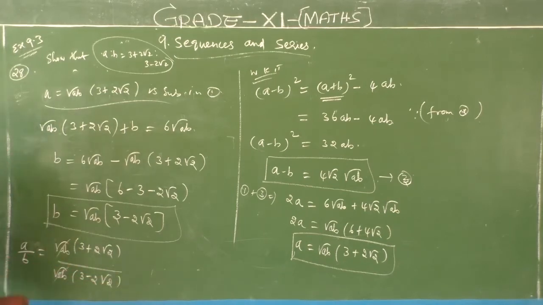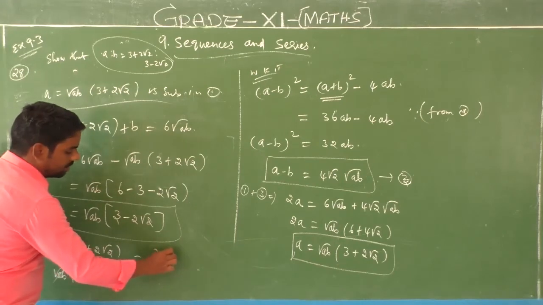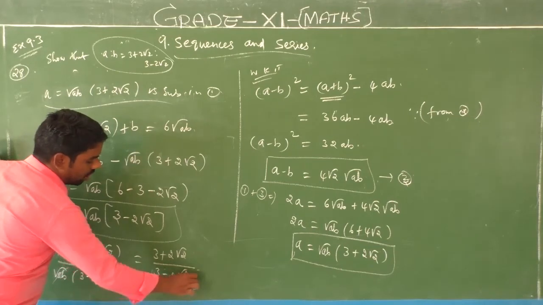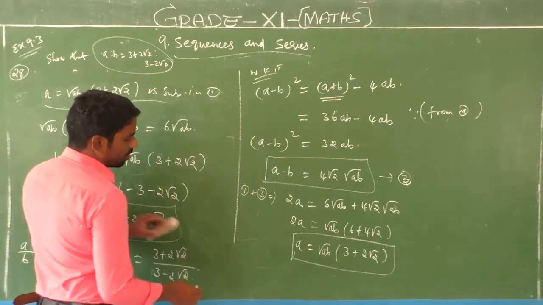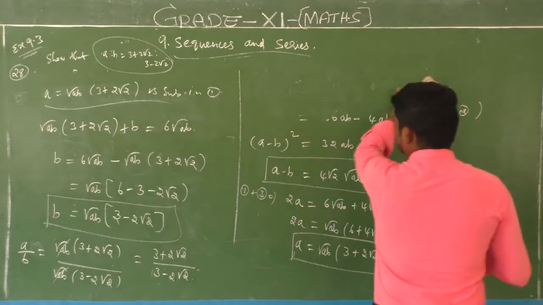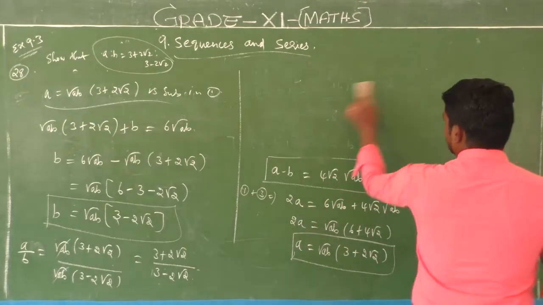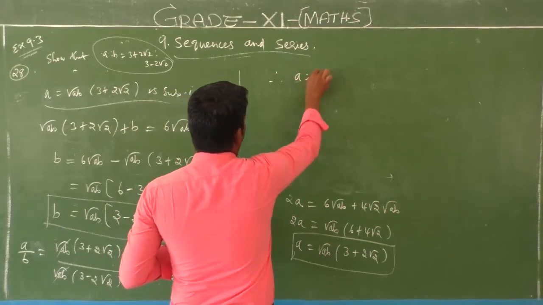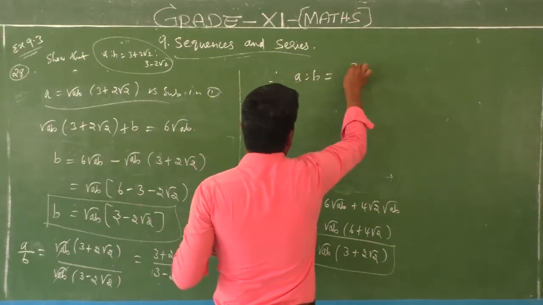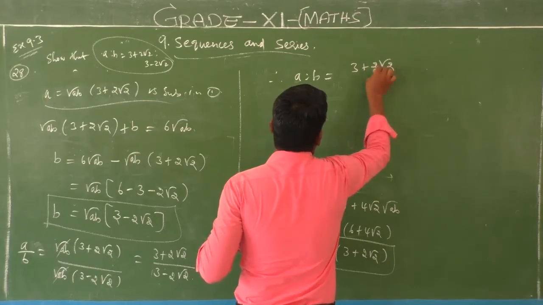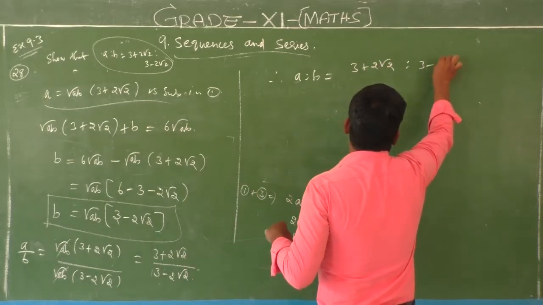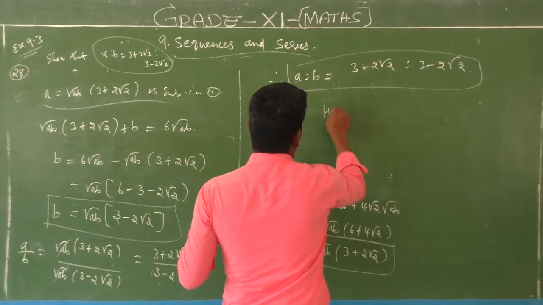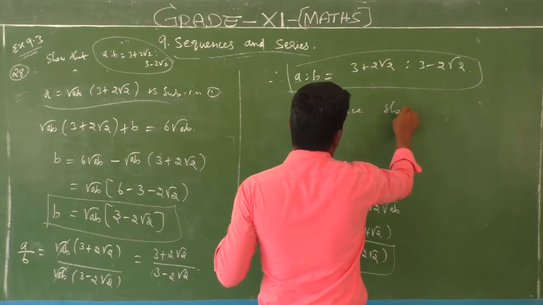So root AB cancels, remaining 3 plus 2 root 2 divided by 3 minus 2 root 2. So A is to B is equal to 3 plus 2 root 2 is to 3 minus 2 root 2.